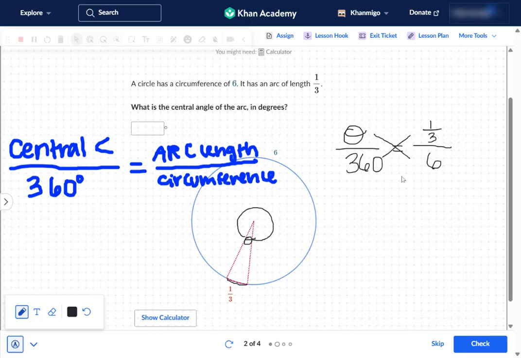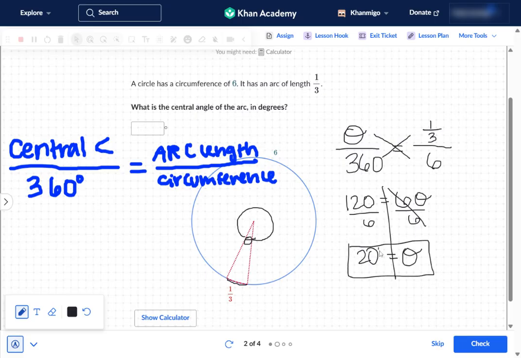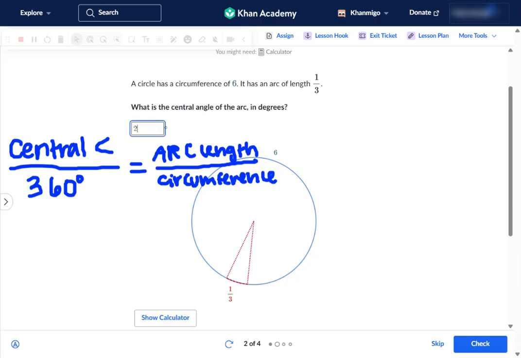So 1/3 of 360, 360 divided by 3, is 120, which equals 6 theta. We want to get theta by itself, so we divide both sides by 6. 120 divided by 6 is 20. So theta equals 20 degrees. We have to include the units of measurement.